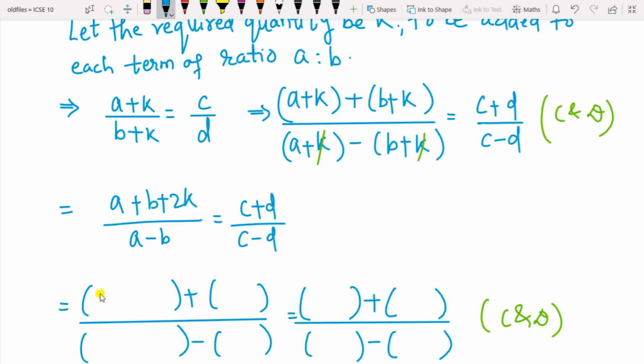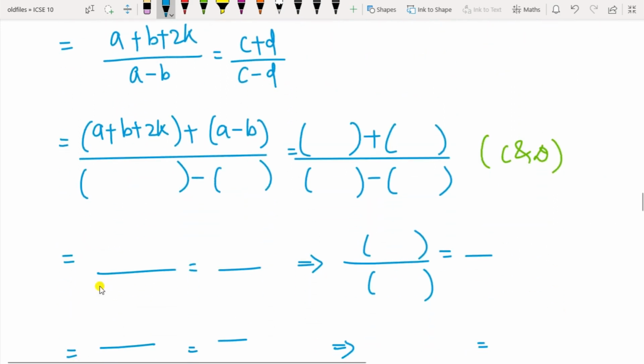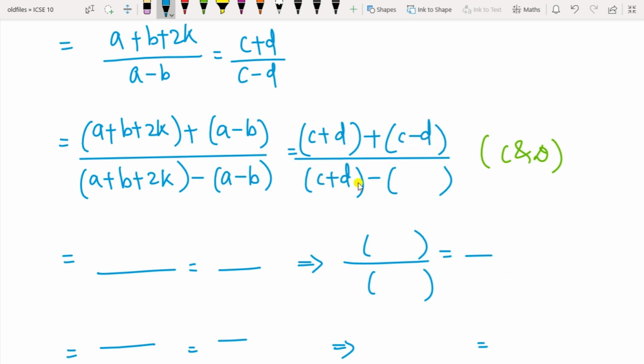Again apply the componendo dividendo. So (a plus b plus 2k plus a minus b) upon (a plus b plus 2k minus a minus b) equal to (c plus d plus c minus d) upon (c plus d minus c minus d).